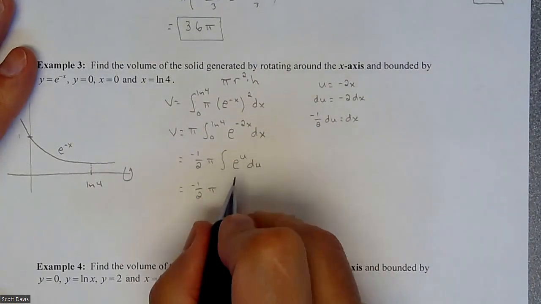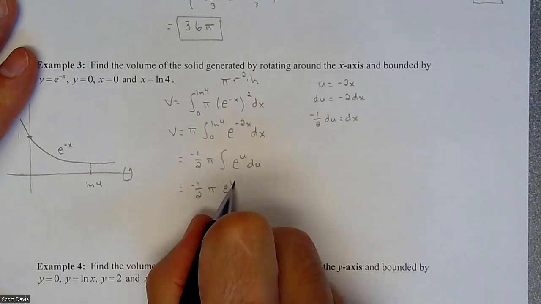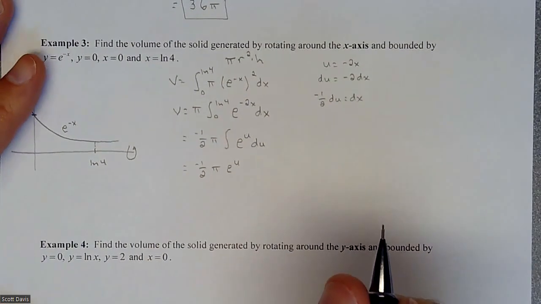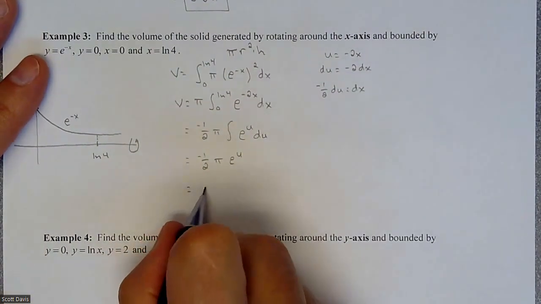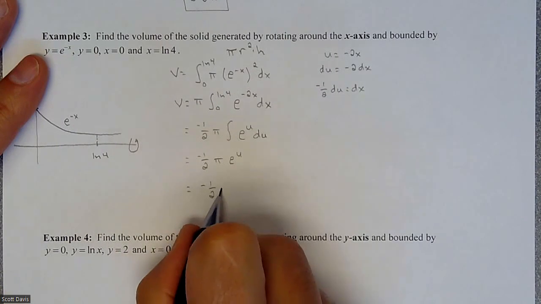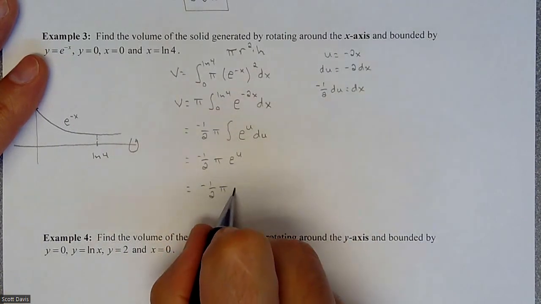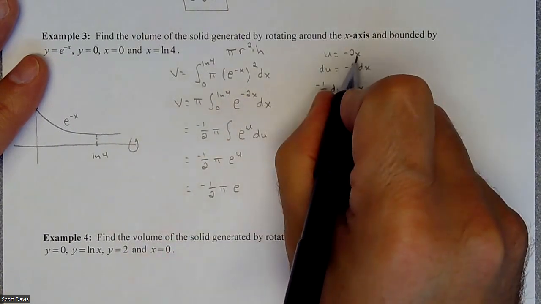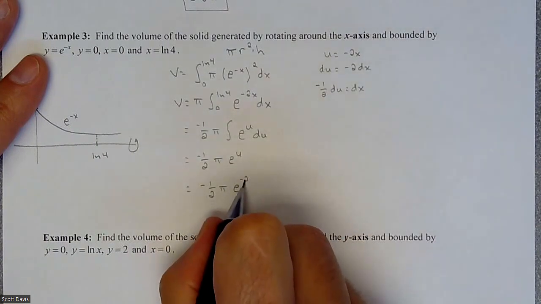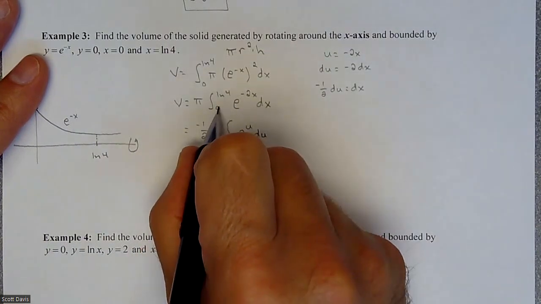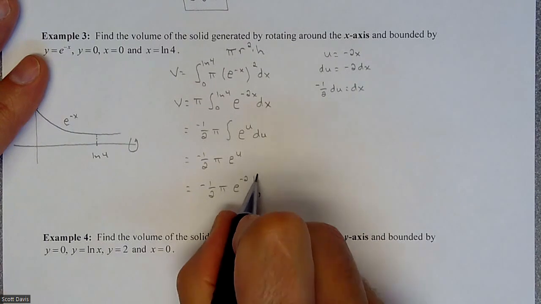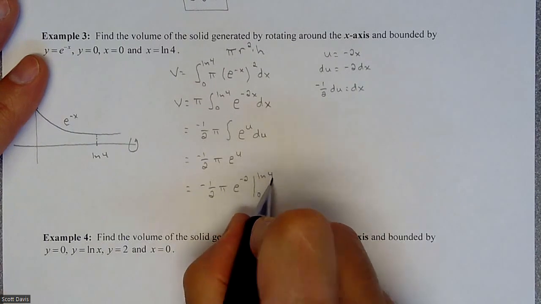The antiderivative of e to the u is e to the u. And then let's pull our terms of x back in. So we have a negative 1/2 pi e. Instead of u, let's put the negative 2x back in. And then we're going to go from 0 to natural log of 4.